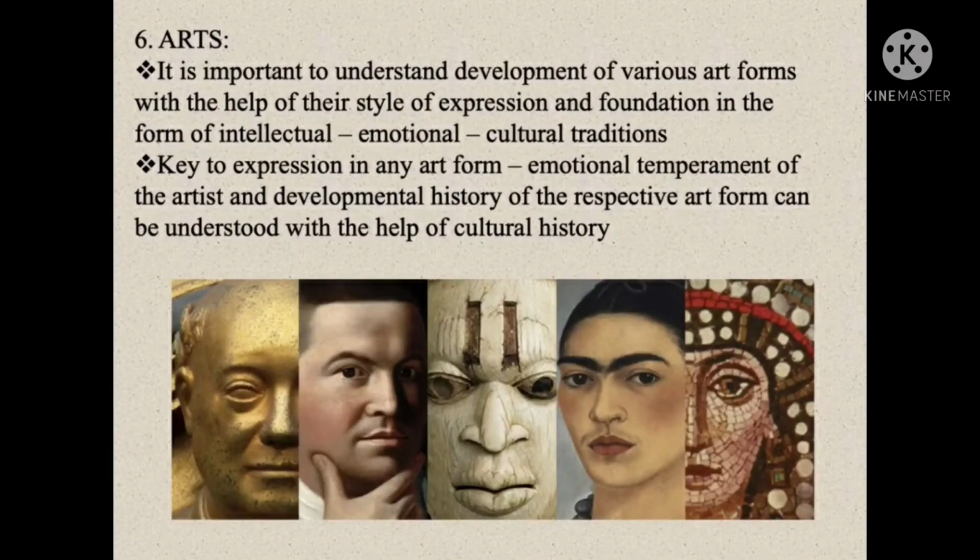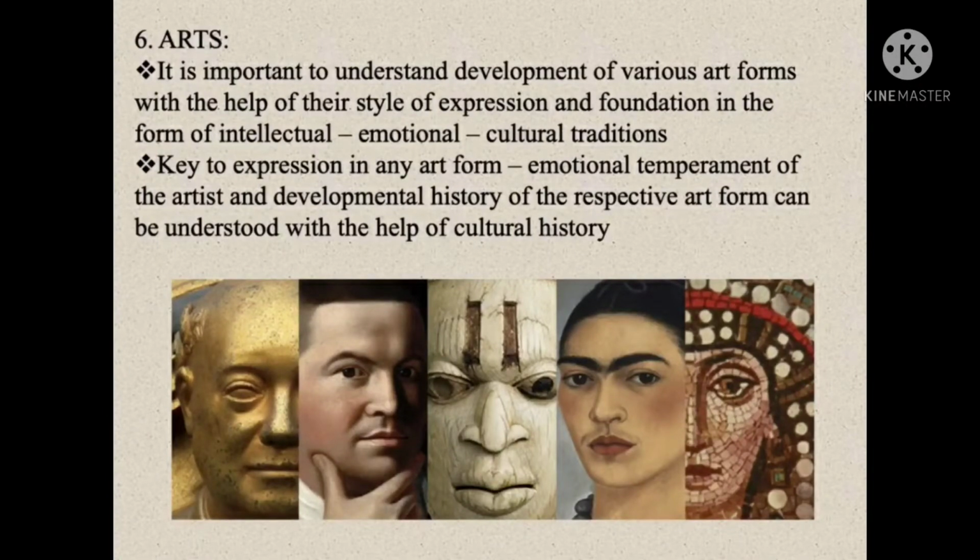The key to the expression in any art form, the emotional temperament of the artist, and the developmental history of the respective art form can be understood with the help of cultural history. Now, what does this last point mean?